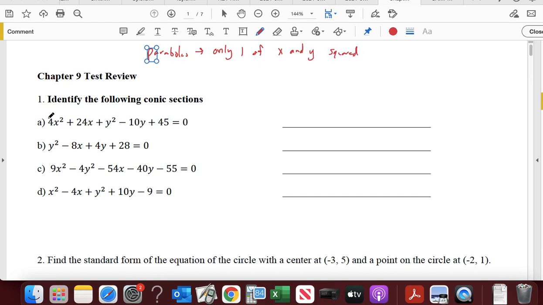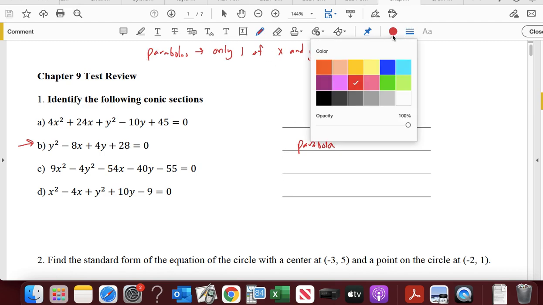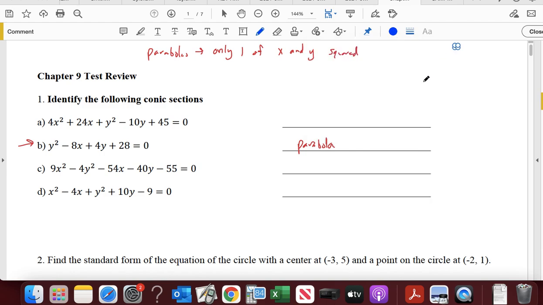So if we scan through these and look at which one only has one term squared, we see that it's this one right here. Only y is squared. So B must be a parabola. It doesn't matter about signs or anything like that. We just look at what's squared. Okay, next.